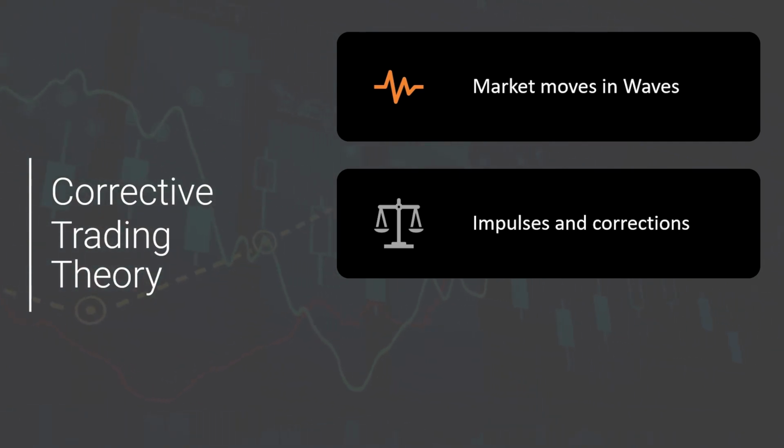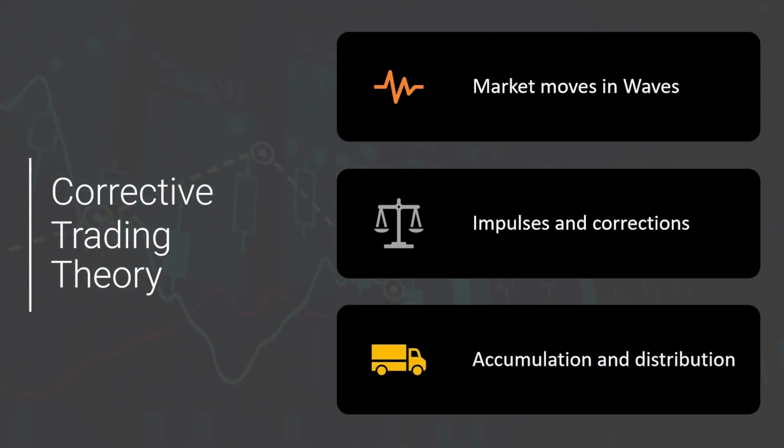Then another thing that we've got to think about is accumulation and distribution. The market accumulates at certain prices when buyers are accumulating positions, when institutions are accumulating long positions, and the opposite happens as well with distribution, when institutions or large fund managers or large players, the whales, are building a short position or slowly exiting existing longs.